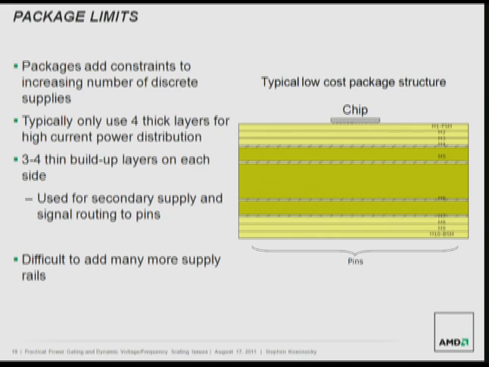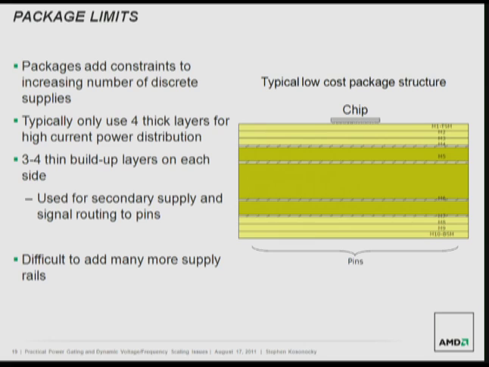And this is just an example picture of what the package layers look like. Typically, in low-cost packages, you have 4 thick layers of high current capability for distributing the power across the die of the chip.